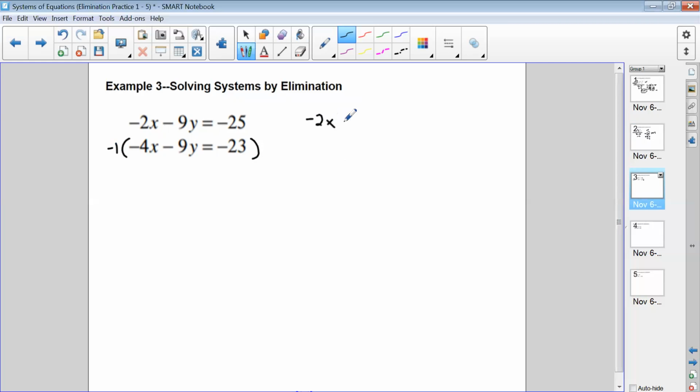So I would have 2x minus 9y is equal to -25. And multiplying by -1 basically changes the sign of every term in this equation. So that would be 4x plus 9y is equal to 23.